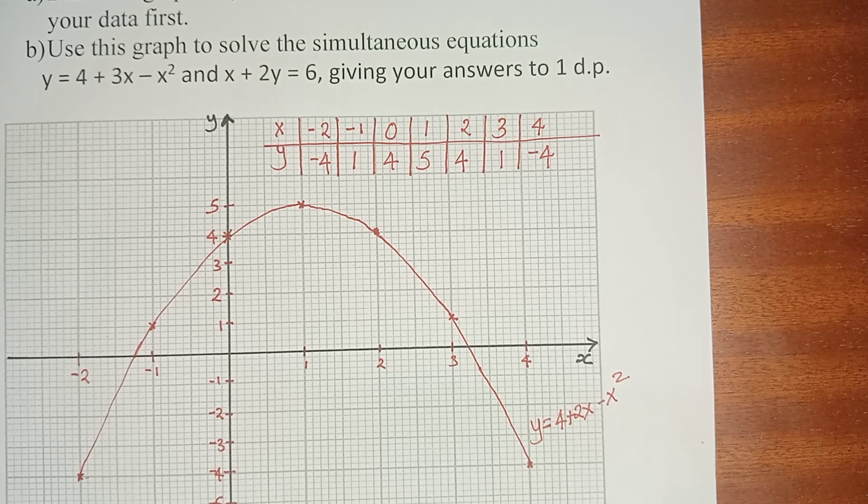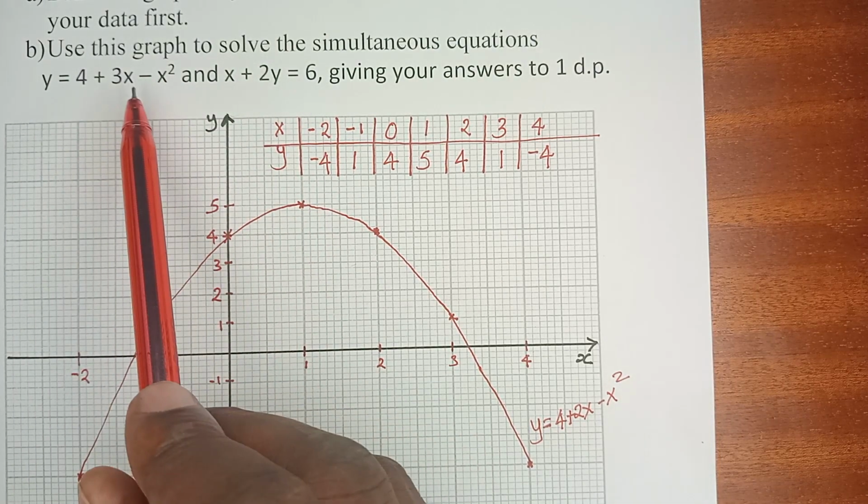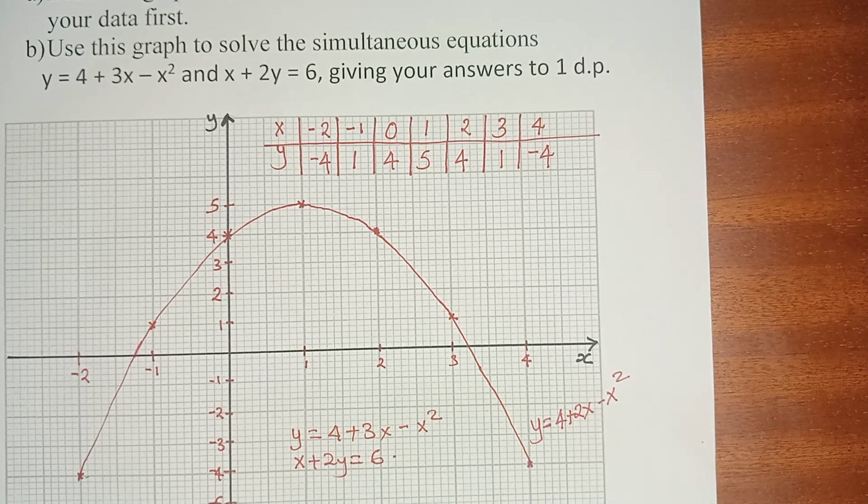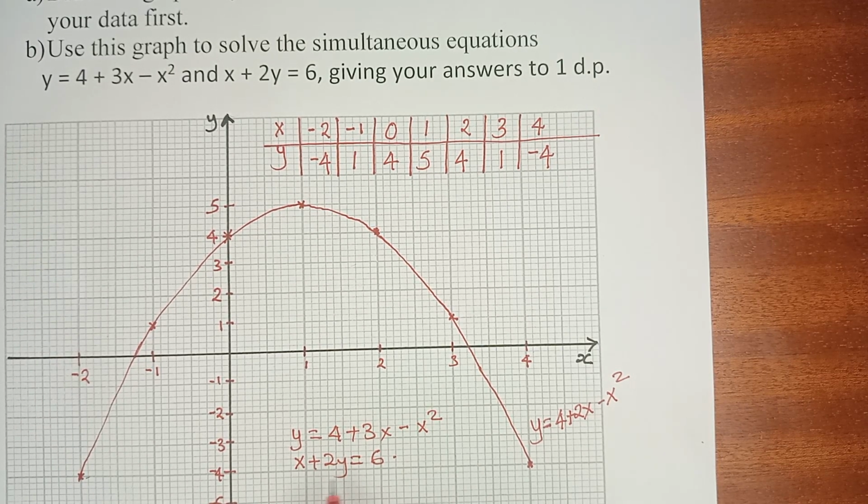First of all, we need to solve them by the substitution method. Let's have y equals 4 plus 3x minus x squared, and x plus 2y equals 6. It is easier to substitute y into the second equation, because we have just one y here and one x.